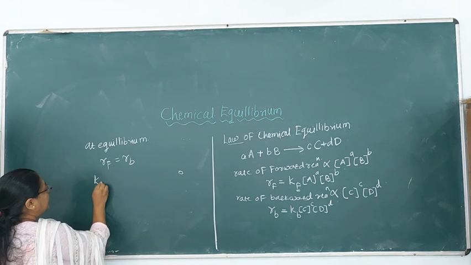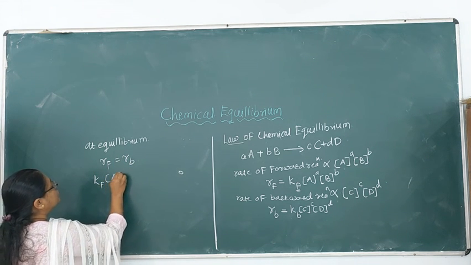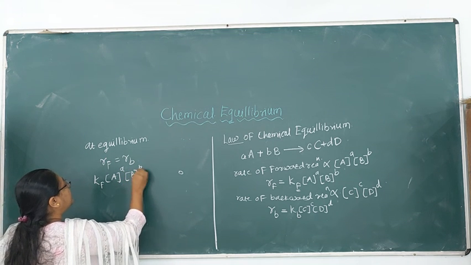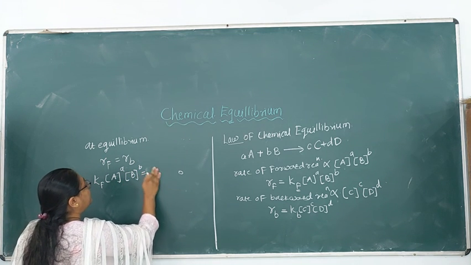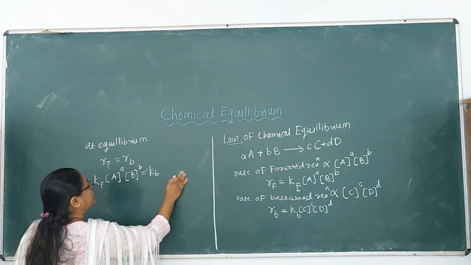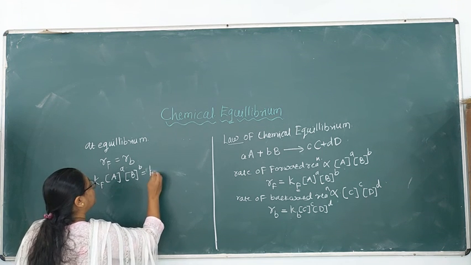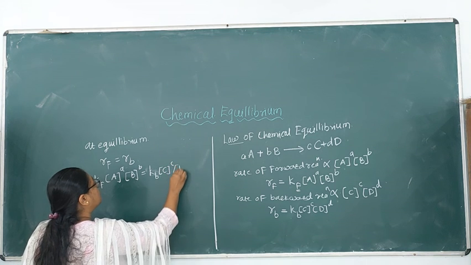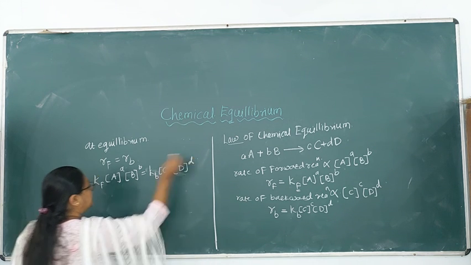Therefore, Kf times the concentration of A raised to a, times B raised to b, is equal to Kb times the concentration of C raised to c, times the concentration of D raised to d.